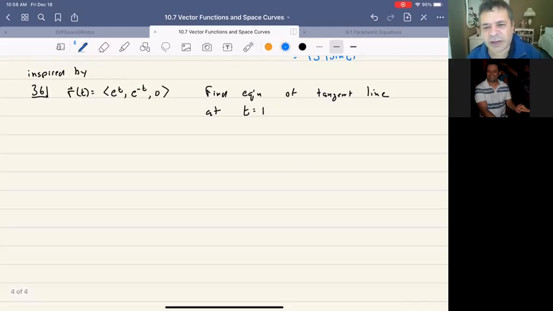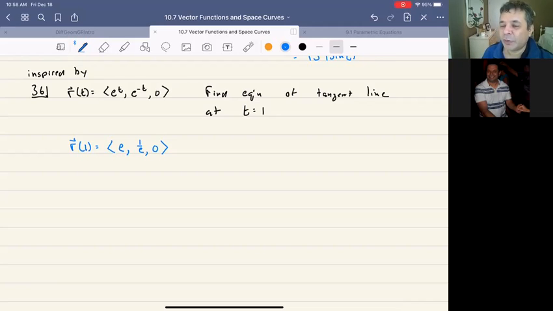We're going to find the equation of the tangent line at t equals 1. What do we need for the equation of the tangent line? We need a point and we need a direction, right? So a point, r of 1. r of 1 is going to equal e, 1 over e, 0.